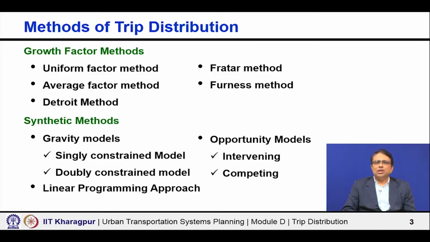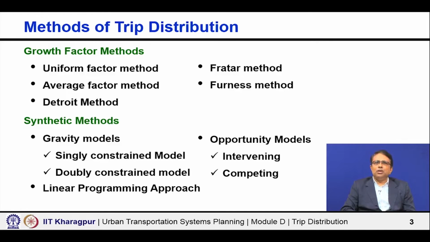One, we can call growth factor models, and the other category could be called synthetic models. Growth factor models are simpler, may be used very effectively for short term update of the trip distribution matrix which is already there, when there is no significant change in the transportation network.